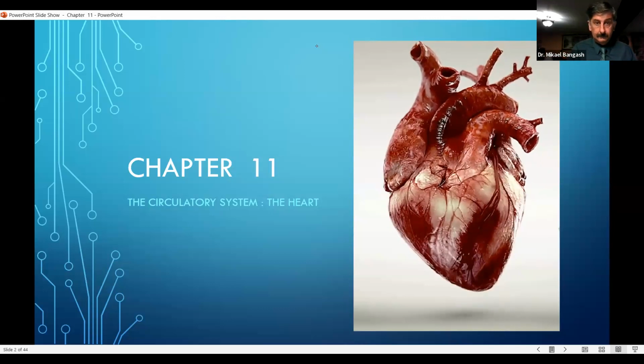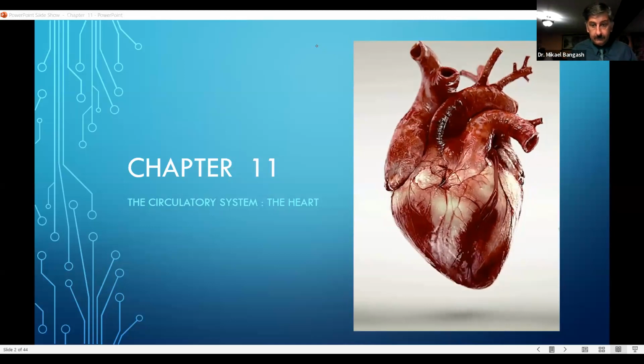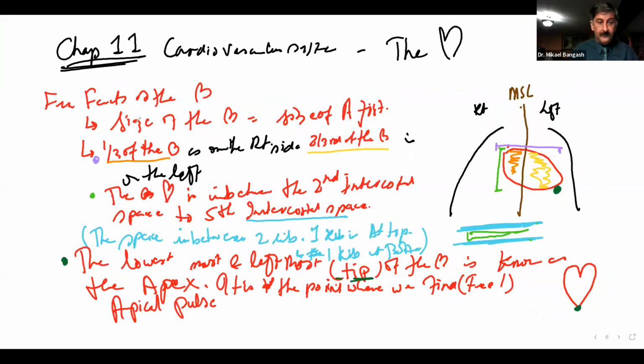Now, guys, before we get that far, what were the fun facts of the heart we have talked about so far? Well, the heart is the size of a fist. One third of the heart is on the right side, two thirds of the heart is on the left side.